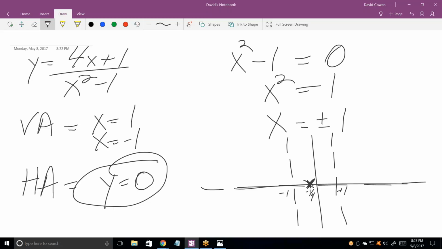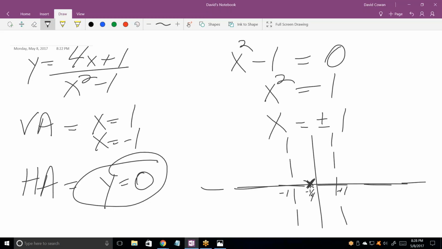The x-intercept comes when y is equal to 0. The y-intercept comes when x is equal to 0. That's it. So plug in 0 for x and tell me what you get.